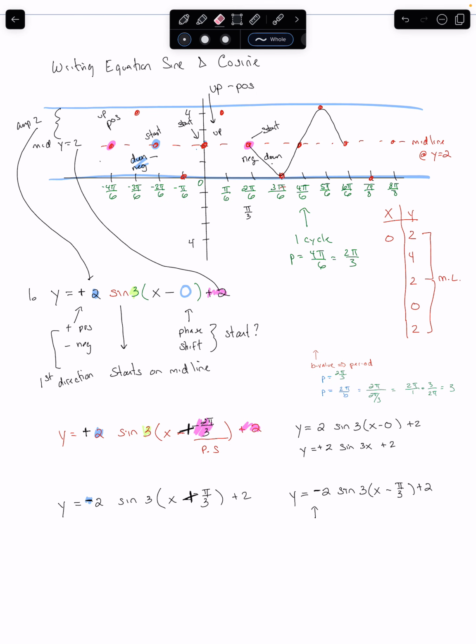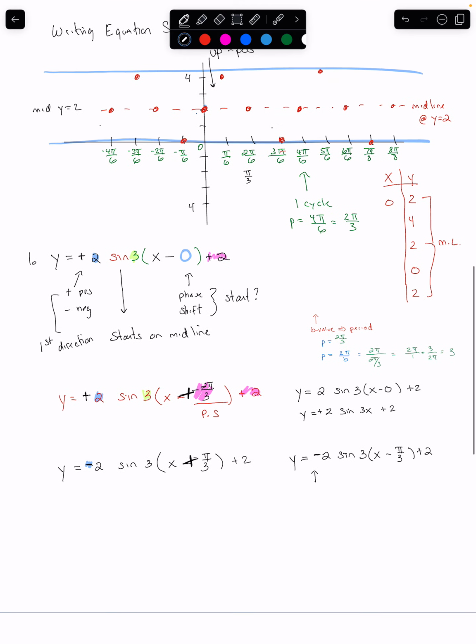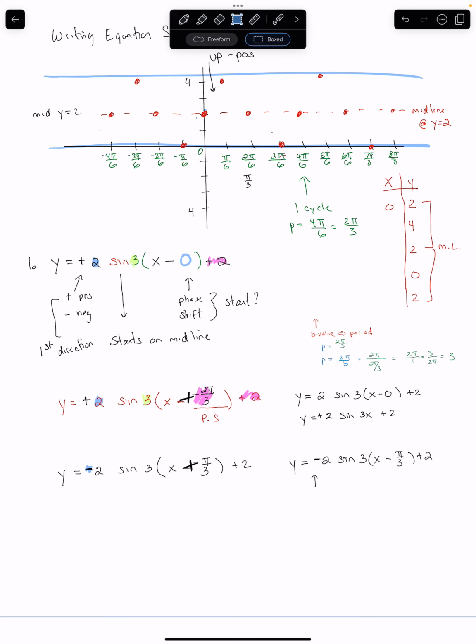So now let me clean this up a little bit. Now what I want to do is do a couple cosine curves. And it's going to be almost identical to what we did. So cosine.